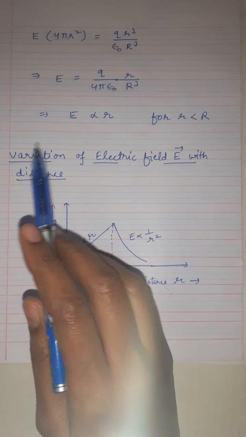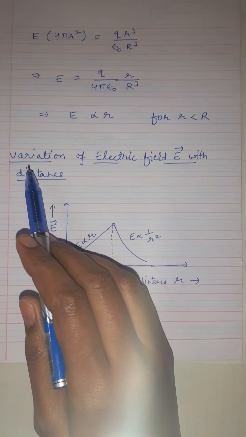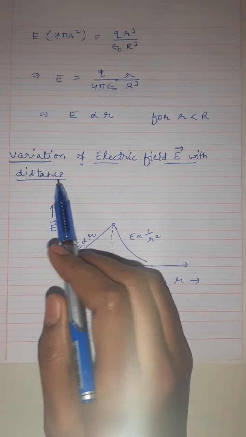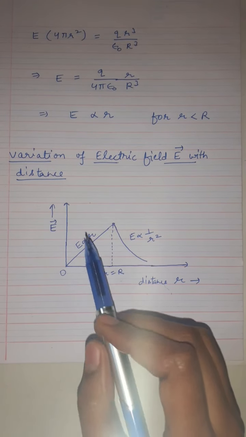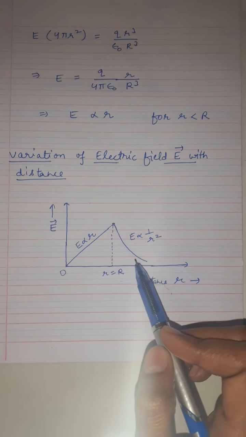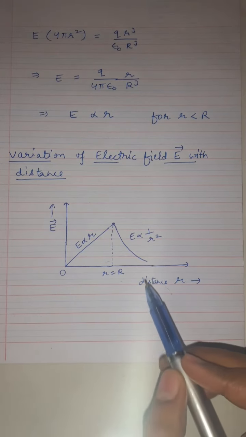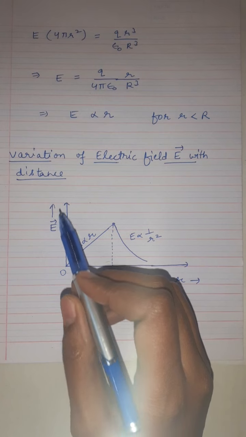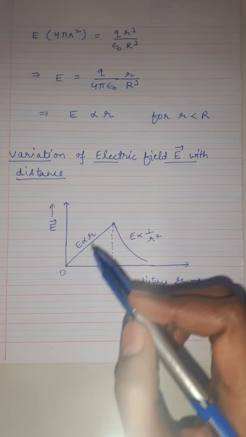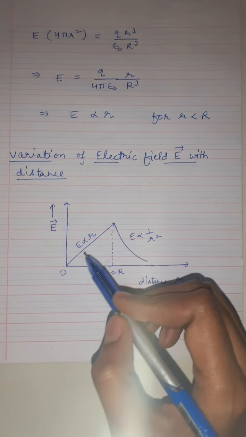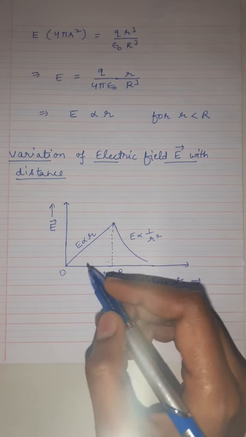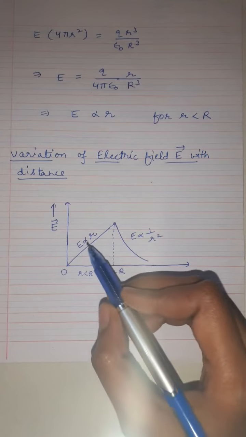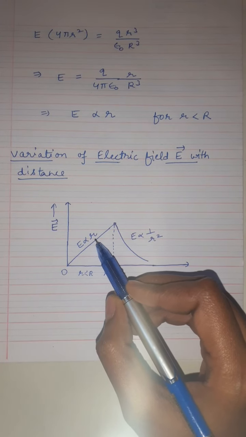If we combine all three cases and want to see the variation of electric field with distance, we can easily conclude it from this graph, in which the distance is taken on the x-axis and the electric field on the y-axis. For the inner points, where r is less than capital R, the electric field is directly proportional to r.